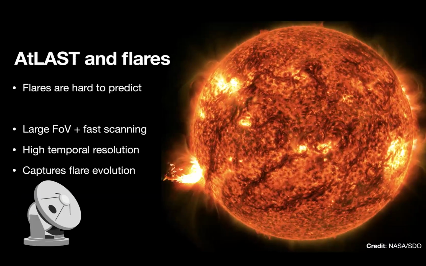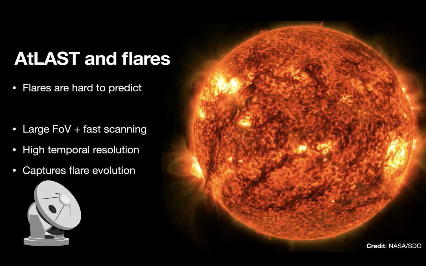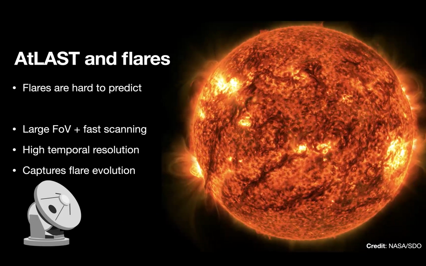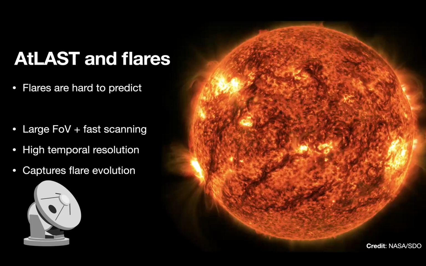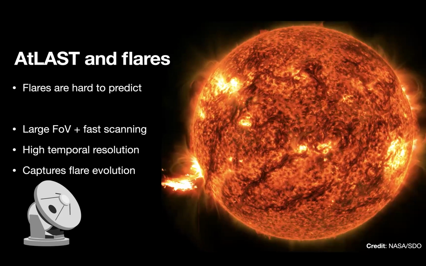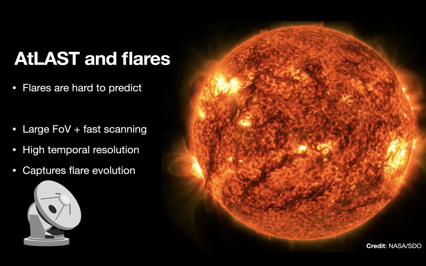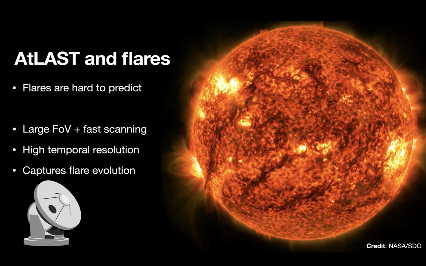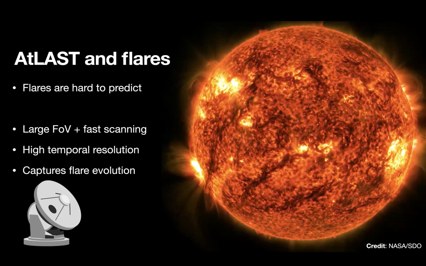So how could AtLAST contribute to this? Flares are notoriously hard to predict. There do exist some flare alarms at telescopes, but for a flare alarm to be triggered, the flare itself must have started to actually trigger the alarm, causing you in many cases to lose out on observing the initial phases of flares.